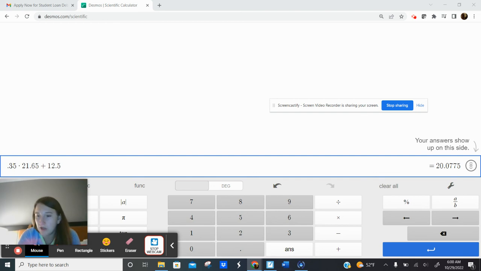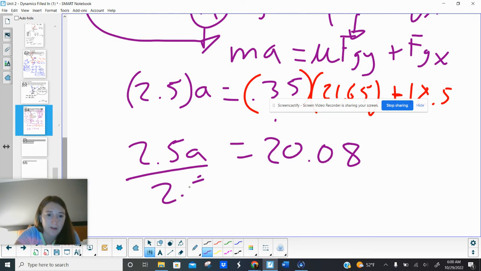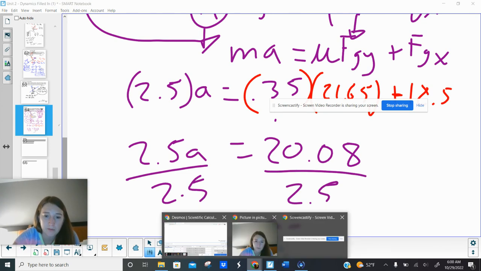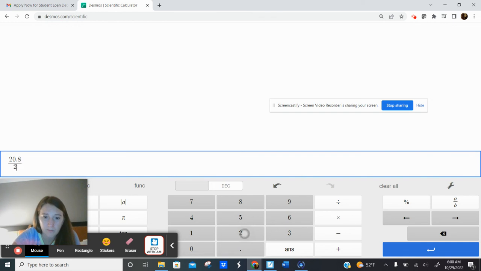I'm terrible about that, but whatever. 20.08, I'll call this. And we just need to divide by 2.5. A equals 8.32, okay.